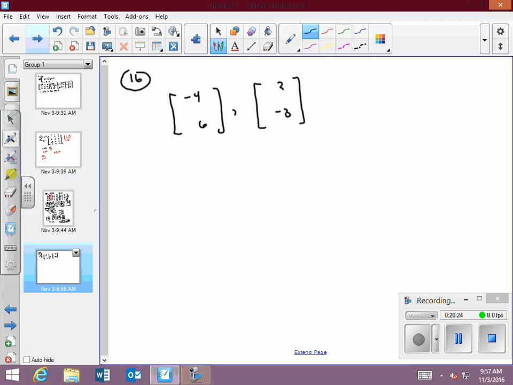If you take a negative 1/2, the scalar, times a minus 4 and 6, you get what? 2 and minus 3. So they're not independent.